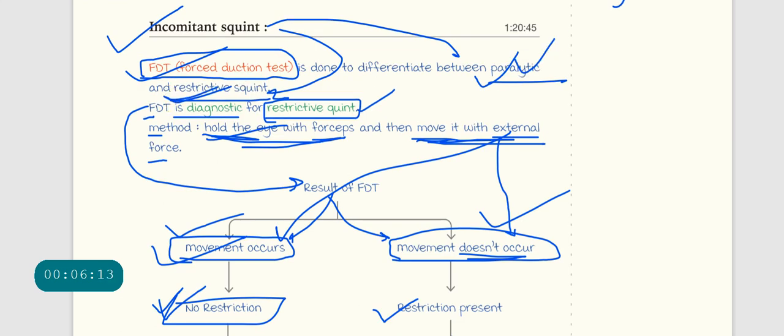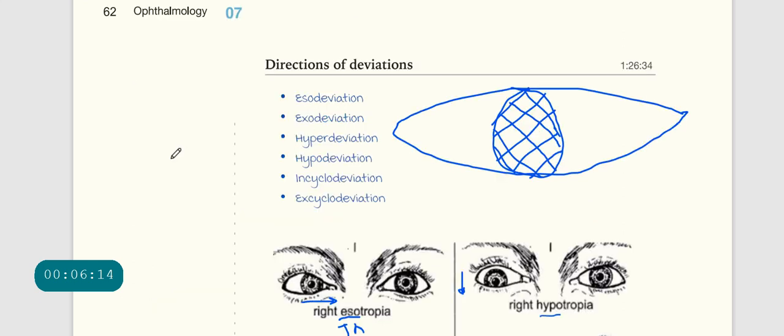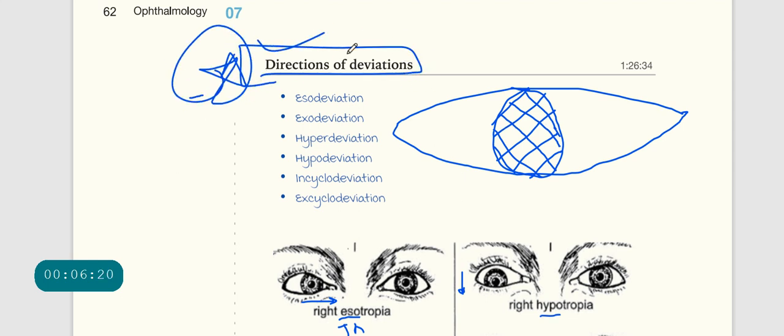Now come the directions of deviation. These are esodeviation, exodeviation, hyperdeviation, hypodeviation, and incyclo and excyclodeviations. Let us see them one by one. So what is esodeviation? It is inward deviation of the eye.